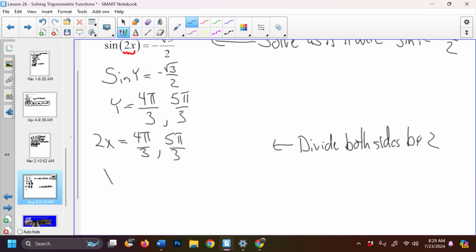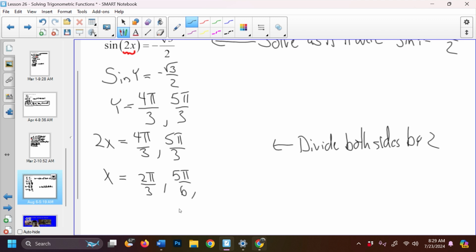That'll give me x is equal to, well, if I divide 4 pi over 3 by 2, I'll have 2 pi over 3. And if I divide 5 pi over 3 by 2, well, 2 doesn't go into 5 like 2 went into 4. So I actually have to divide the whole thing. It'll actually be 5 pi over 6.